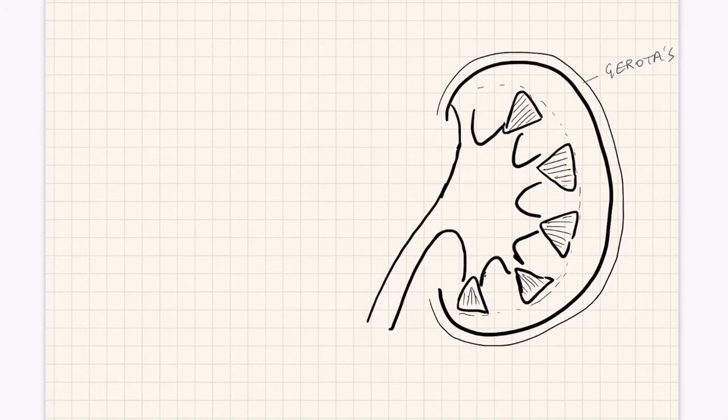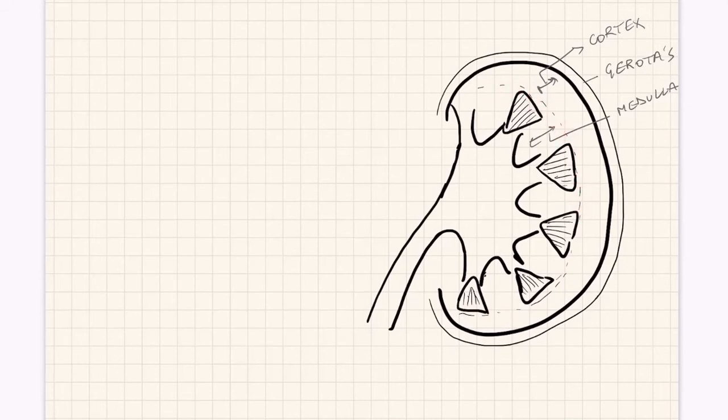Now, this surface is your renal cortex, and this one is your medulla. And this line, which I have drawn in dotted line, is the corticomedullary junction of the kidney.